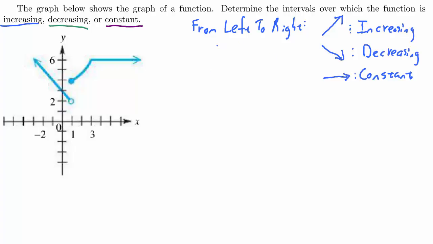And what we're talking about here is we're always looking for the x values for my answer. Now, the y values, in other words, what the graph looks like, is what's going to determine is it increasing, decreasing, or constant. But my answer is going to be a whole bunch of intervals.